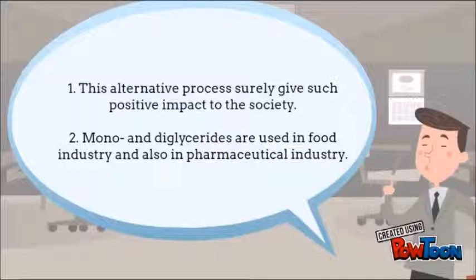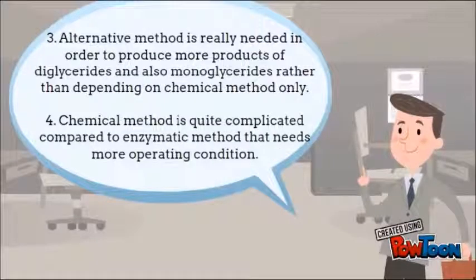Mono and diglyceride are used in food industry and also in pharmaceutical industry. Alternative method is really needed in order to produce more products of diglycerides and also monoglycerides rather than depending on chemical method only. Chemical method is quite complicated compared to enzymatic methods that need more operating conditions.